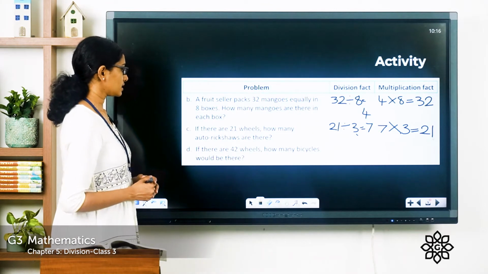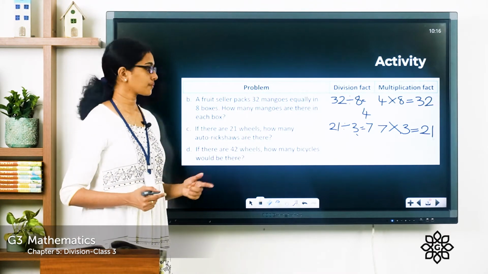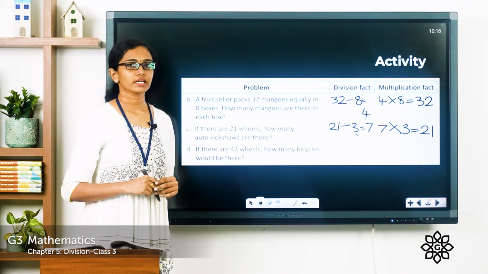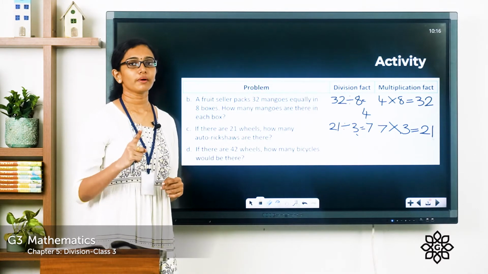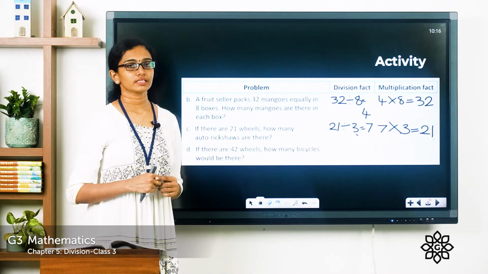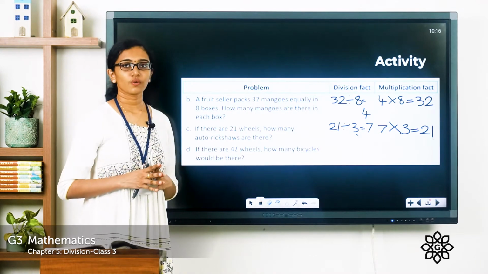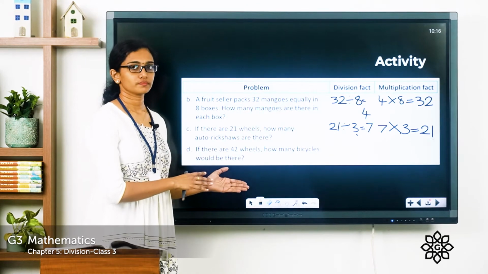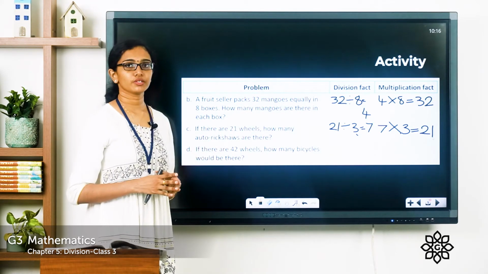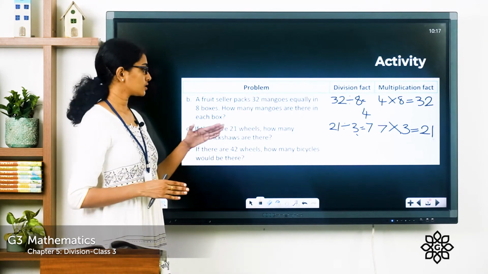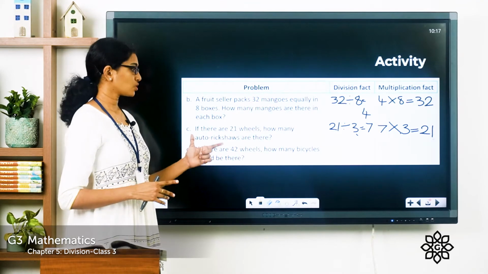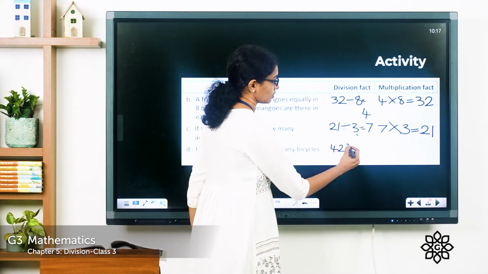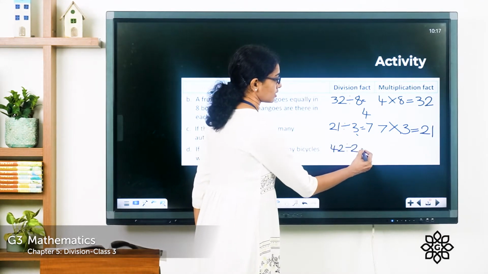Now the third question, if there are 42 wheels, how many bicycles would be there? And for a bicycle, how many wheels are there? For one bicycle, there will be 2 wheels. So if there are a total of 42 wheels, and if we group them into groups of 2, or 42 divided by 2, then we can find out the total number of bicycles. So let's write the division fact. 42 divided by 2.